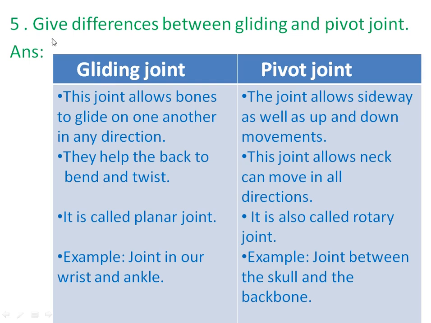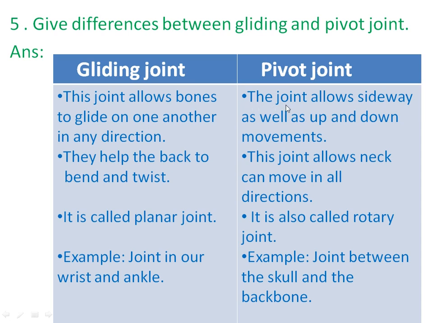Fifth question. Give differences between gliding and pivot joint. See here, gliding joint, pivot joint. The gliding joint allows bones to glide on one another in any direction.